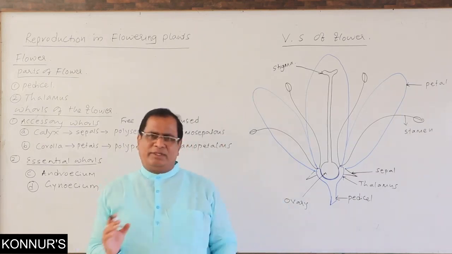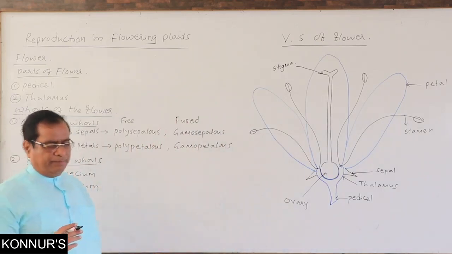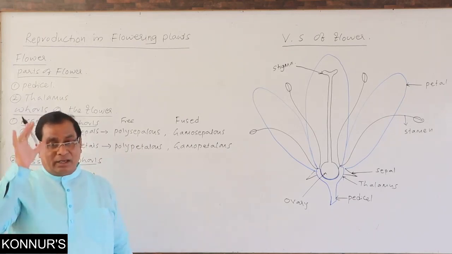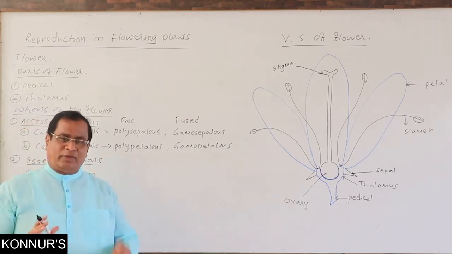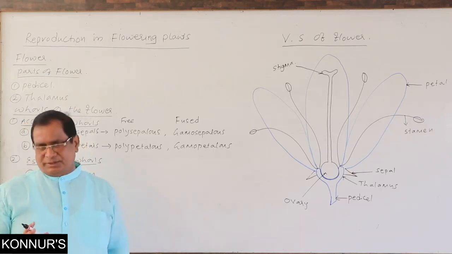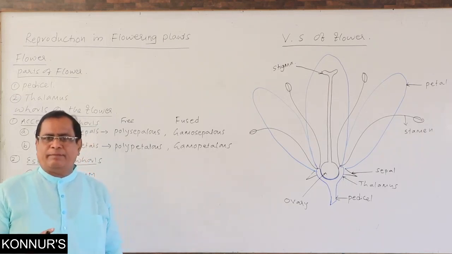In some flowers, calyx and corolla are undistinguished. If calyx and corolla are undistinguished, there is no distinction as calyx and corolla.